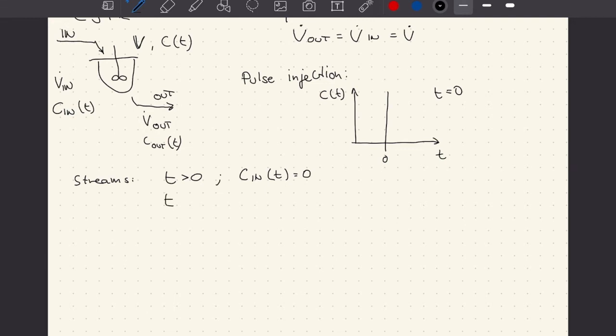Also, if we look at t equal or greater than 0, we can also say that the concentration at the outlet of the CSTR will be exactly the same as the concentration inside the CSTR. This is thanks to our assumption of a perfectly mixed vessel. So now, if we would like to understand how the concentration evolves inside the CSTR.